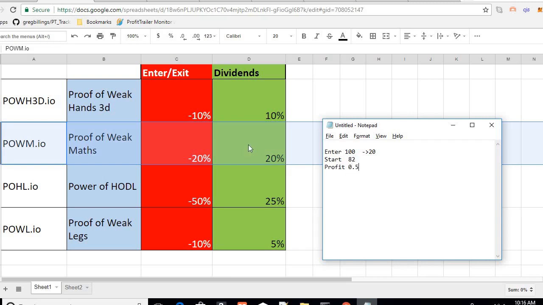You make 20% that's distributed. You get a profit of that, so you might get 0.5% profit. So if more people come in, the value of your tokens keeps going up, and you keep making profit, and it keeps going up.